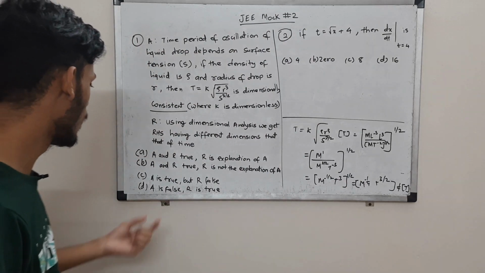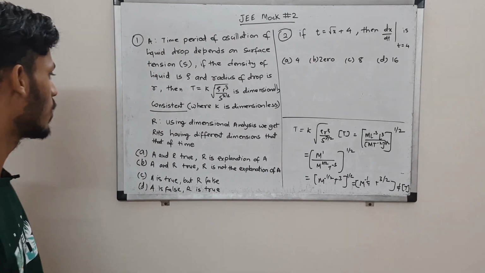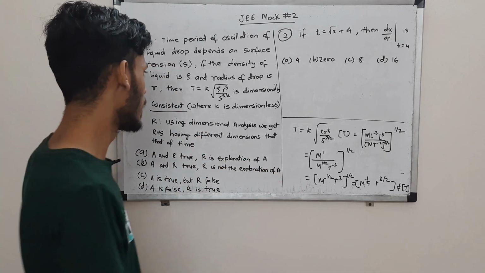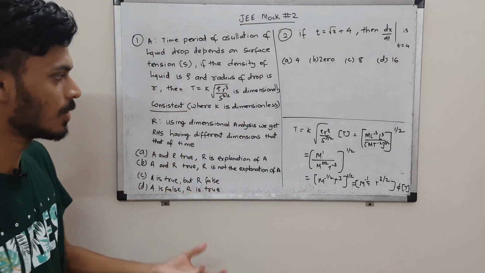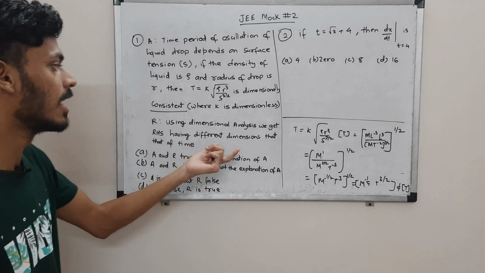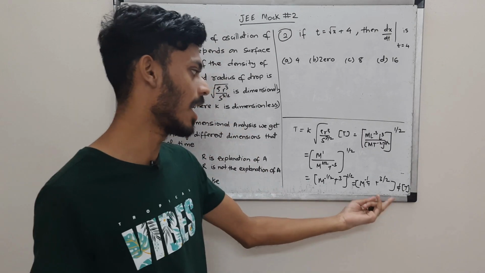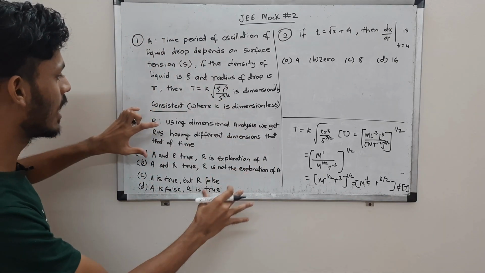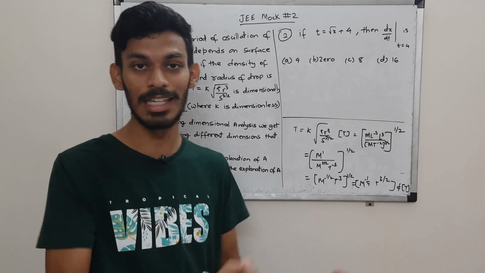So A is false and R will be true, of course. If you see, R is just the implication of A. Since A is false, R is true. R is using dimensional analysis. RHS has different dimensions, and you can use dimensional analysis to find the exact relation.